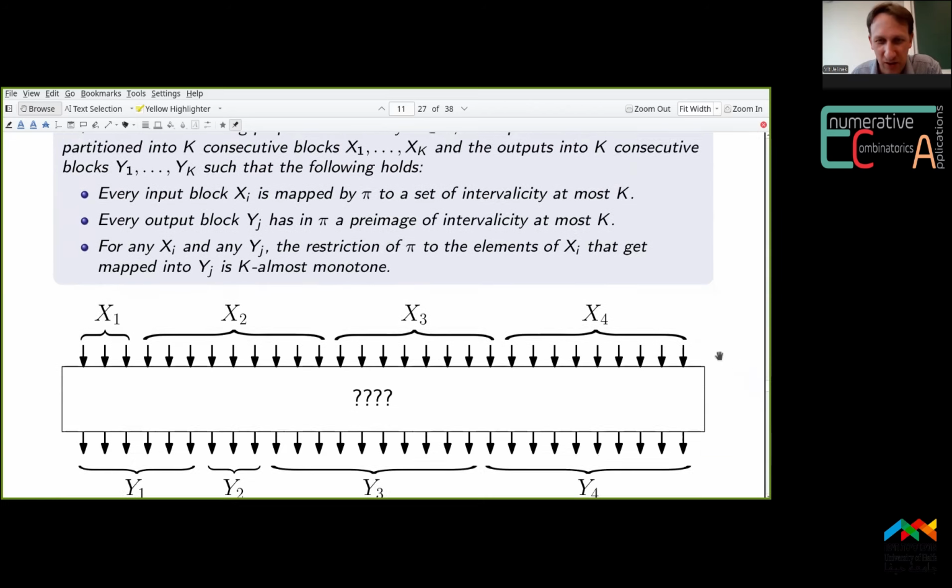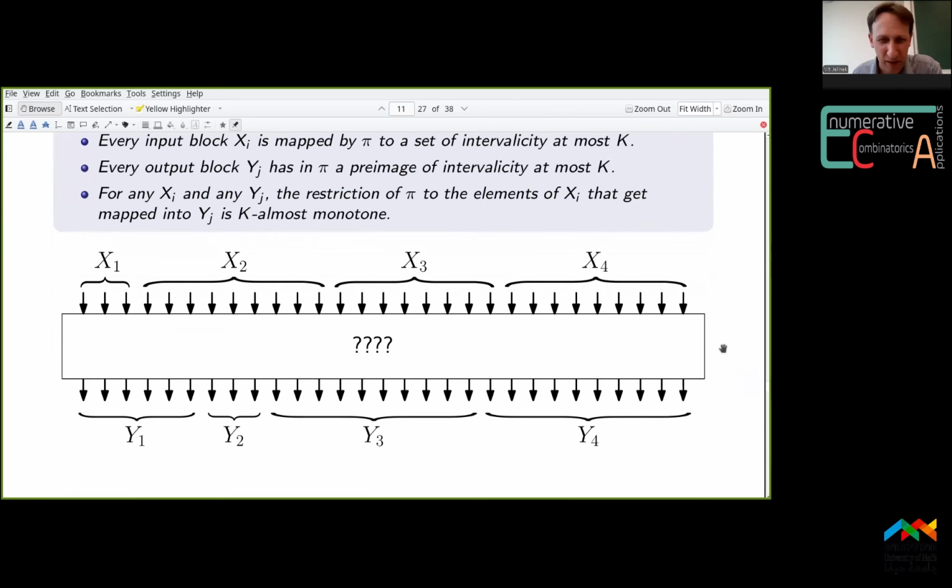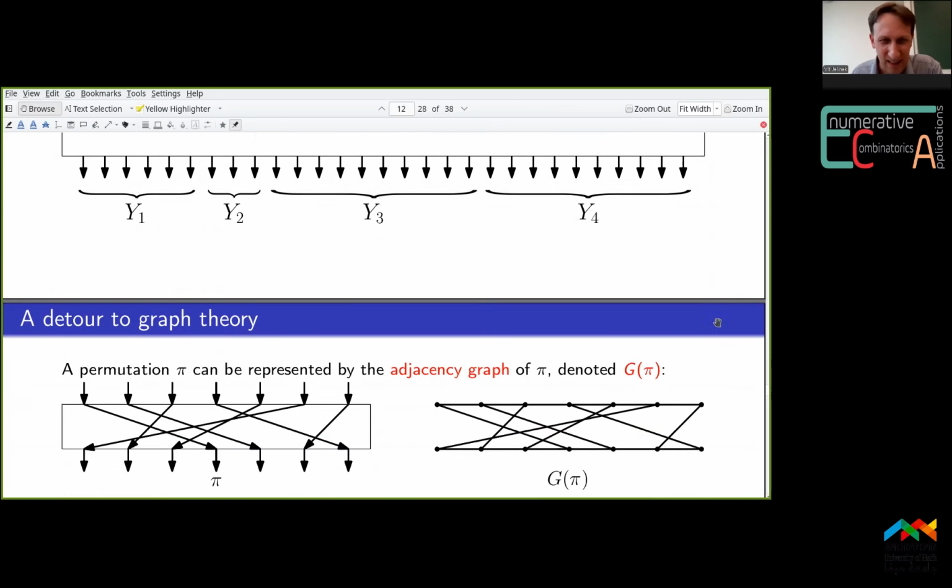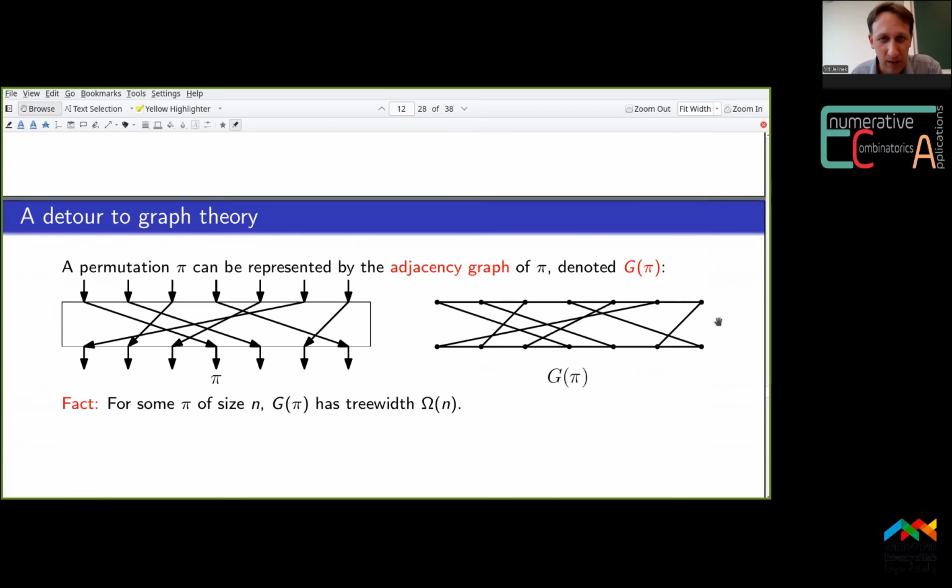Now, how can this help me in proving a sorting time lower bound? Well, this is how I will now translate everything into graph theory, because graph theory has some great tools such as tree widths, which I want to use here. So instead of this picture of a permutation that I have been using so far, I will be using what I call the adjacency graph of the permutation, which is here on the right.